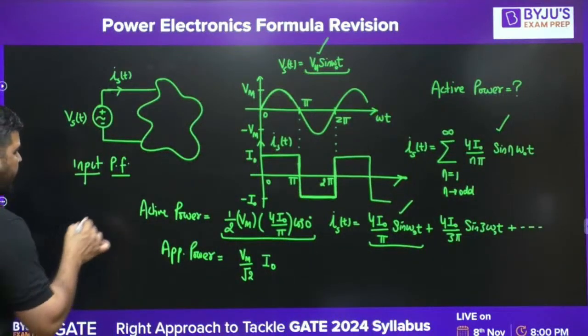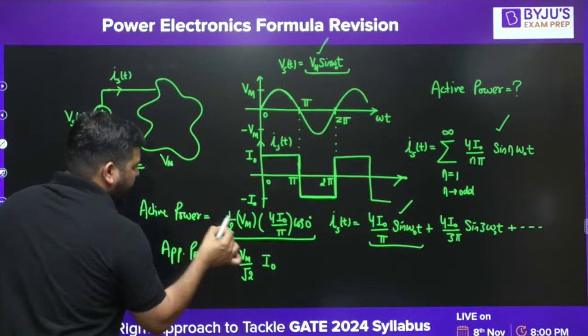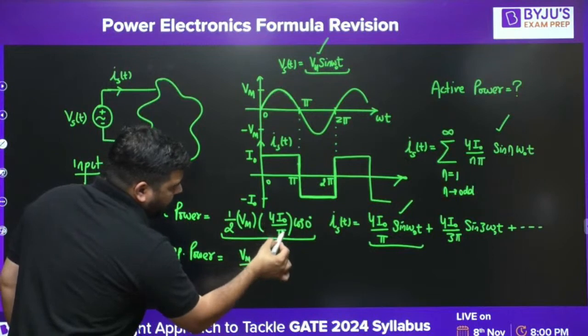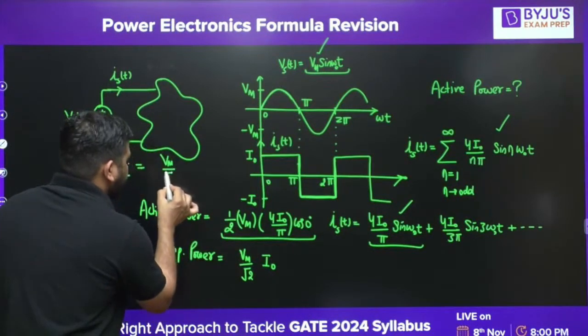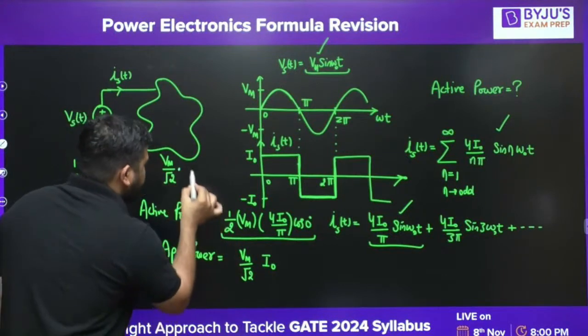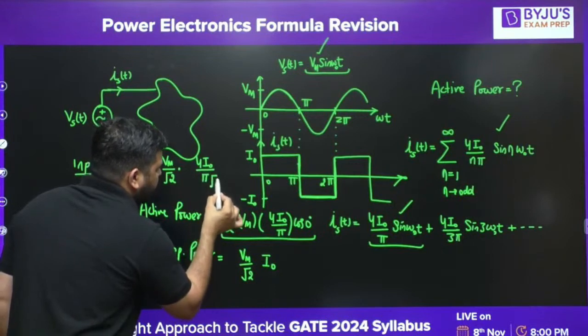So input power factor will be equal to Vm into 4I0 by pi cos 0, and if I break this 2 into root 2 and root 2, it becomes Vm by root 2 into 4I0 by pi root 2 cos 0.